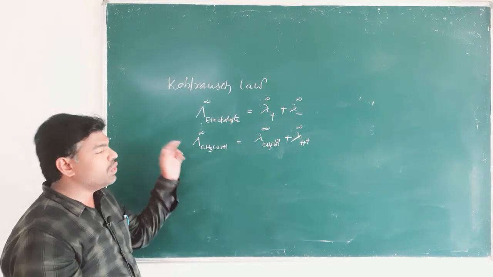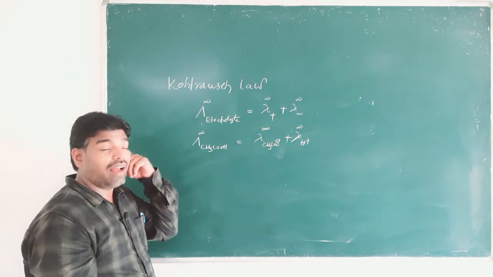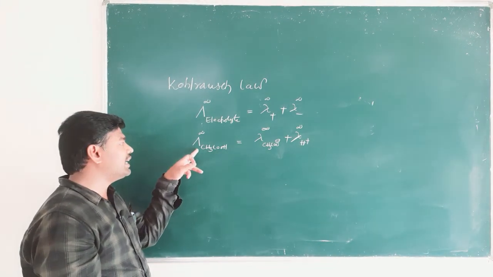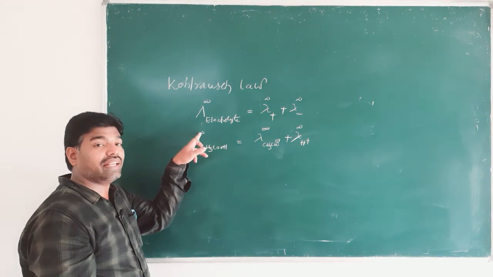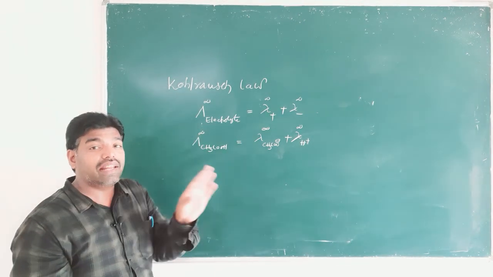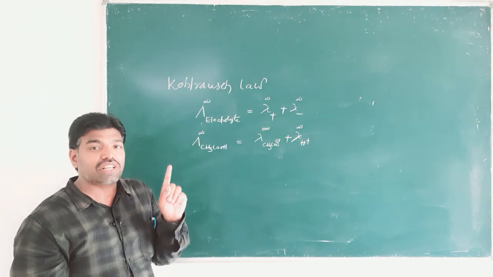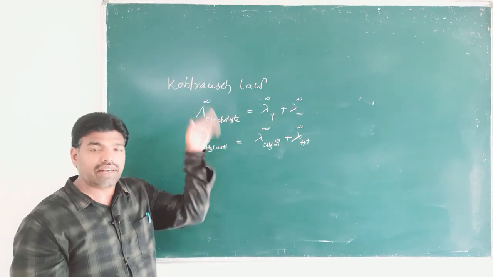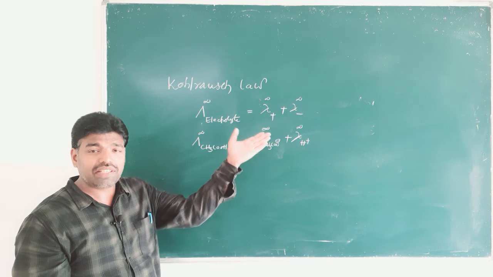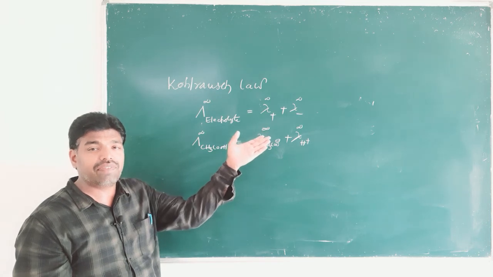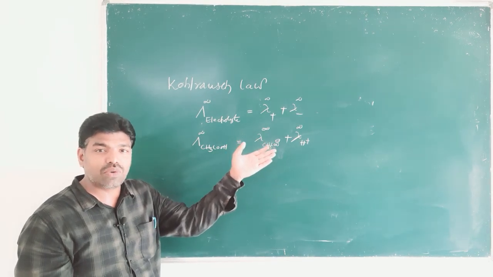But we cannot get the equivalent conductance of a weak electrolyte at infinite dilution directly by extrapolating the Debye-Huckel-Onsager graph, that is the plot between lambda c versus root c.